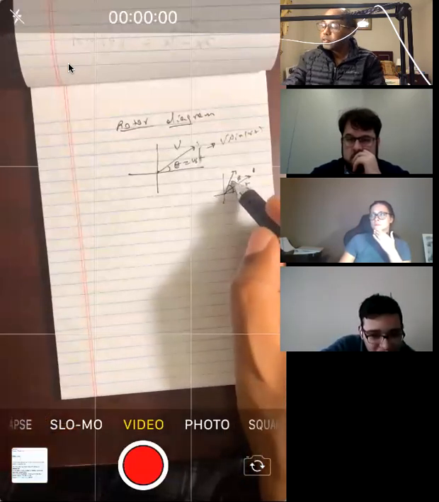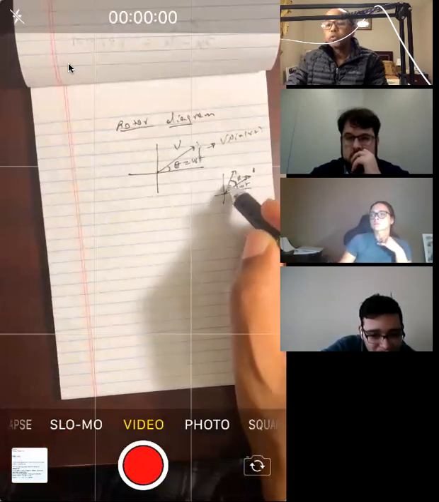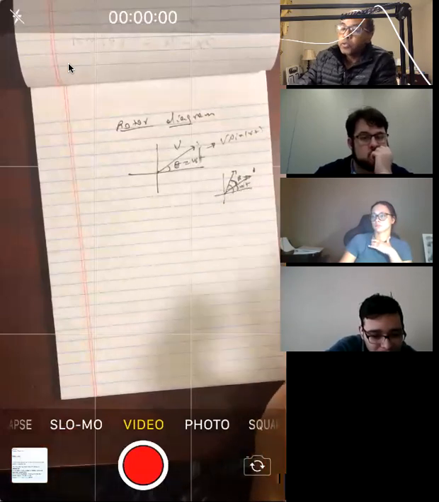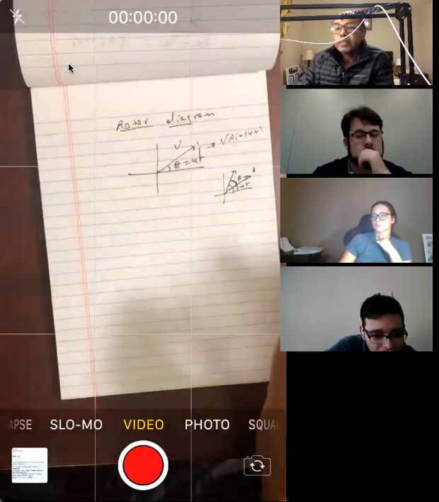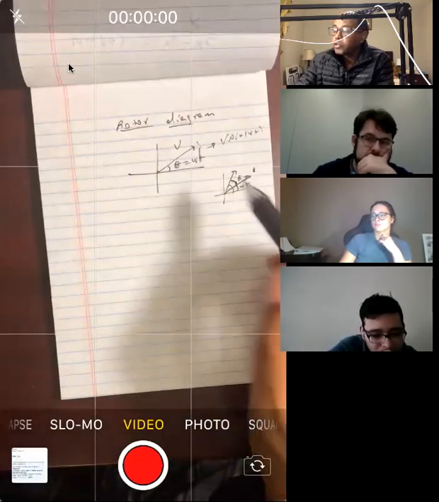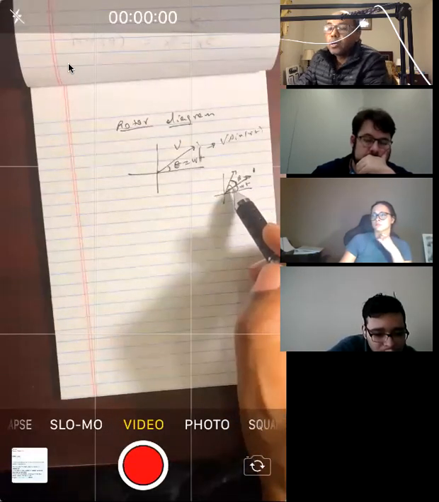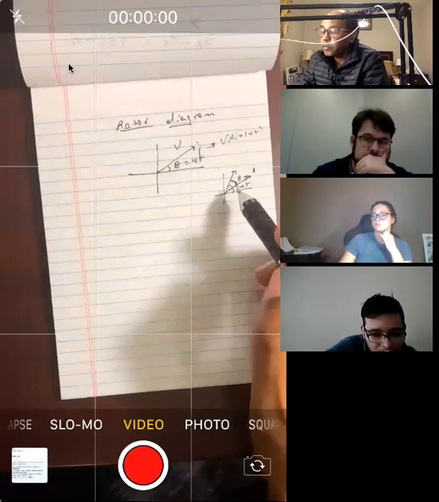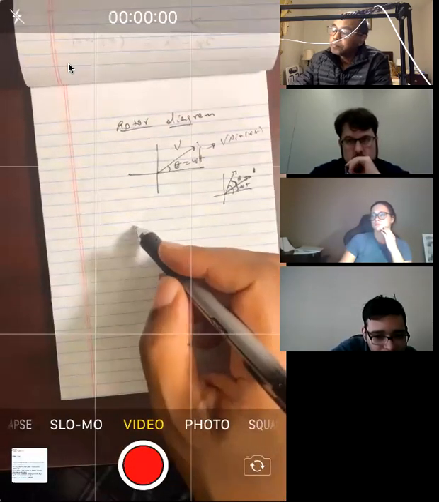This angle over here represents the phase shift between the two signals. So you've got two rotating vectors, and the angle between them represents the phase shift between the signals. In a rotor diagram, the phase shift is simply the angle between the two rotating vectors. That's very important. Now let's apply it to AC circuits.